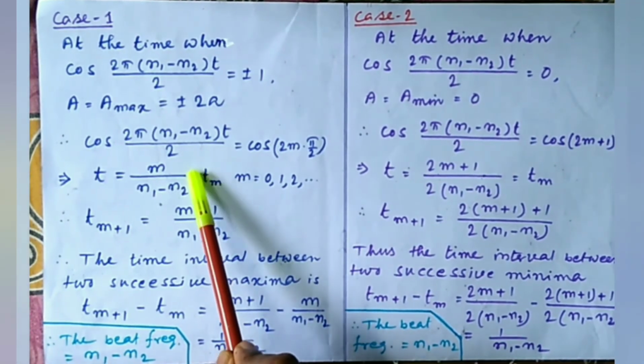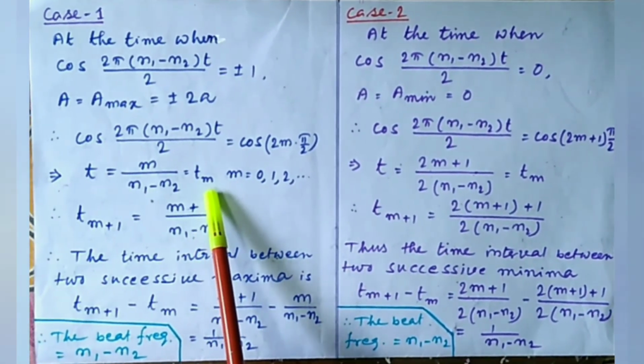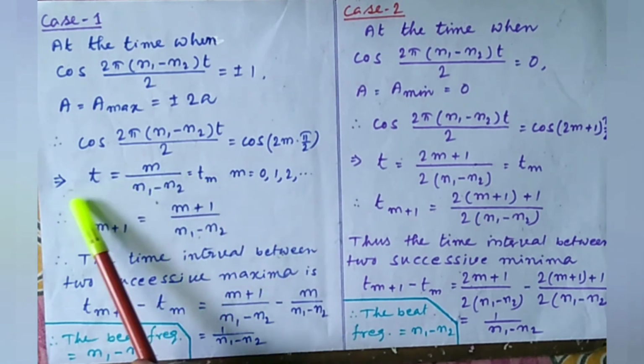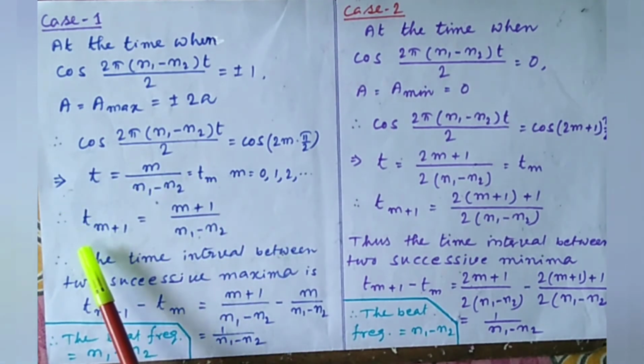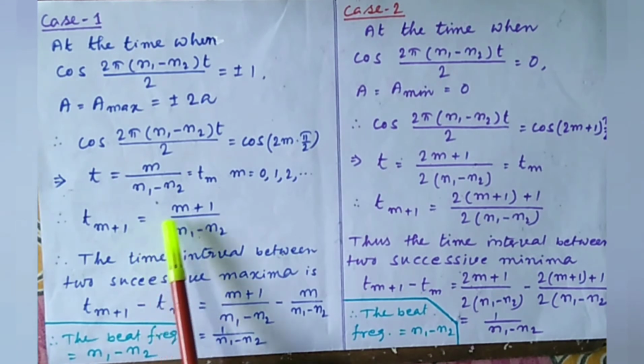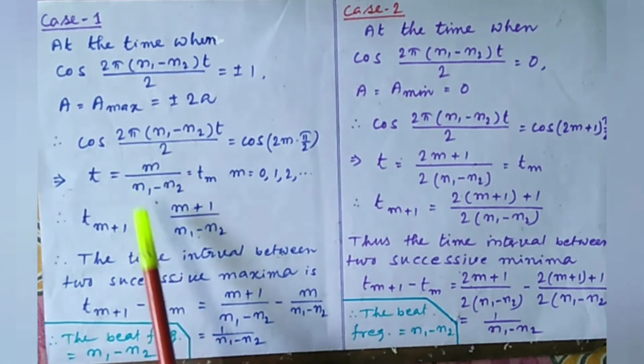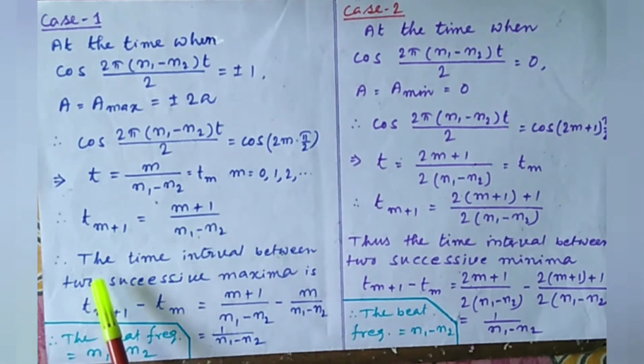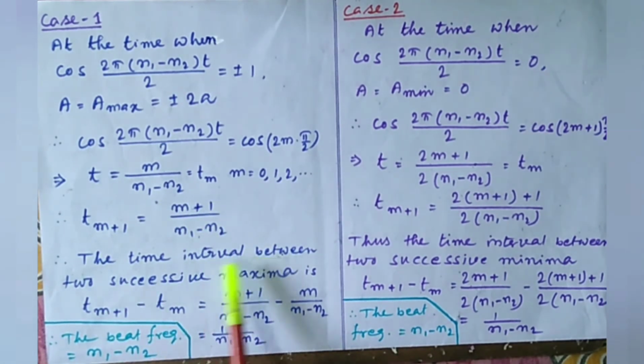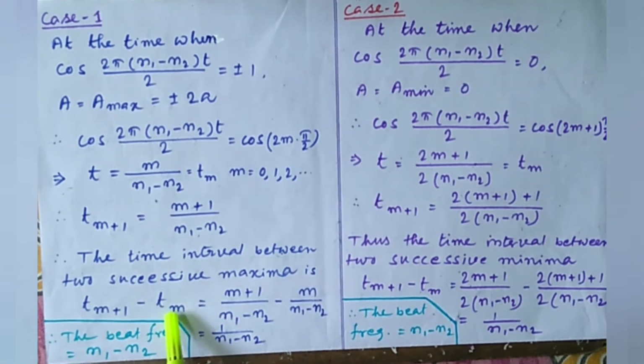We denote this by tm. Thus, the time for the nearest next maxima t m plus 1 equal to (m plus 1) by (n1 minus n2), just m is replaced by m plus 1. Thus, the time interval between two successive maxima will be t m plus 1 minus tm, and that is equal to 1 by (n1 minus n2). Thus, the beat frequency will be equal to n1 minus n2.